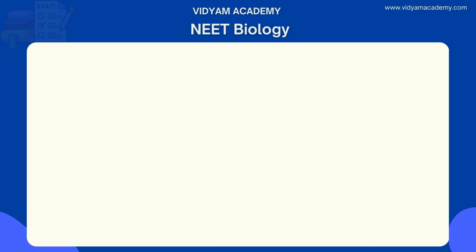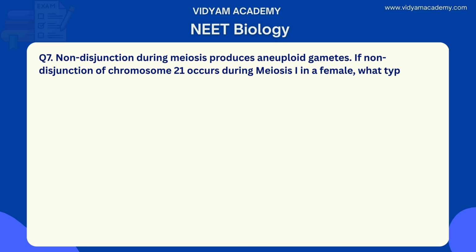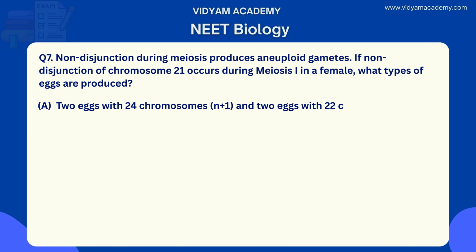Next, move to question number 7. Non-disjunction during meiosis produces aneuploid gametes. If non-disjunction of chromosome 21 occurs during meiosis 1 in a female, what types of eggs are produced? Option A. 2 eggs with 24 chromosomes, n plus 1, and 2 eggs with 22 chromosomes, n minus 1.